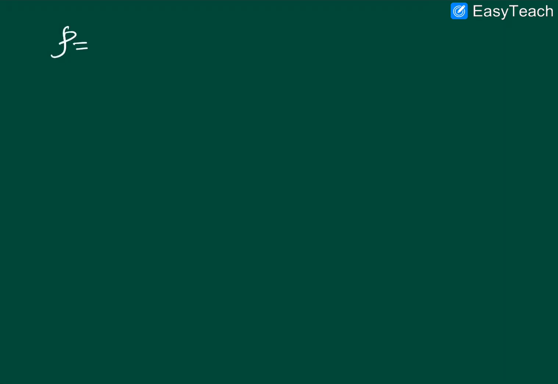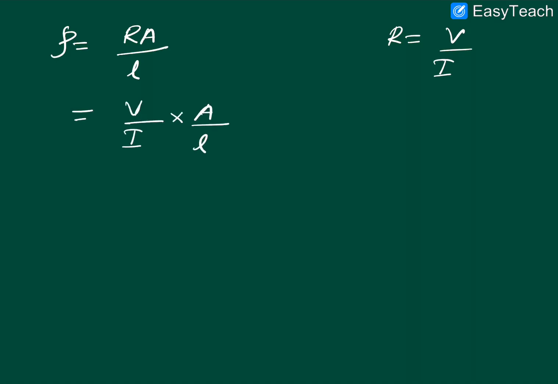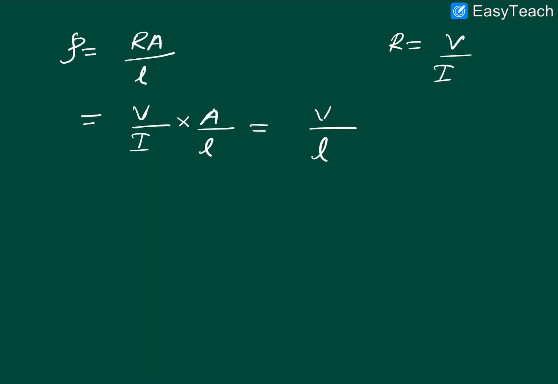Now you are having resistivity rho is equal to RA by L, and you also have R is equal to V by I according to Ohm's law. So V by I multiplied by A by L. This is the equation you are having. You can change it as V by L because I am taking L in the denominator of V, and then you can write it as A by I. So this will become V by L divided by I by A. Simple rearrangement only.